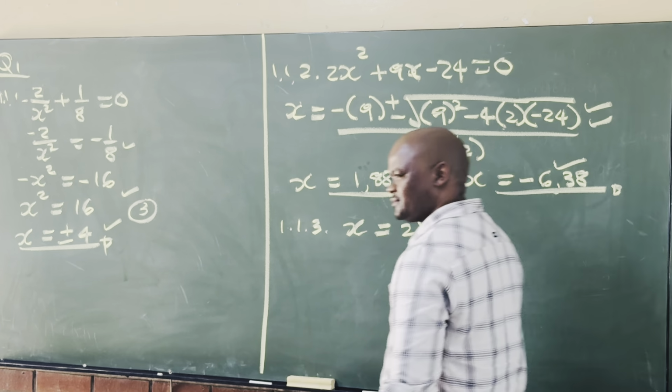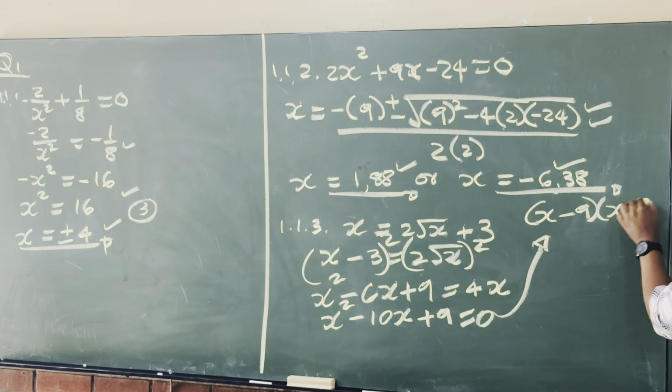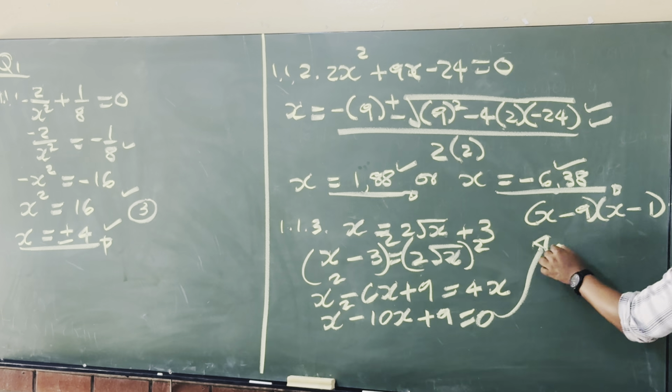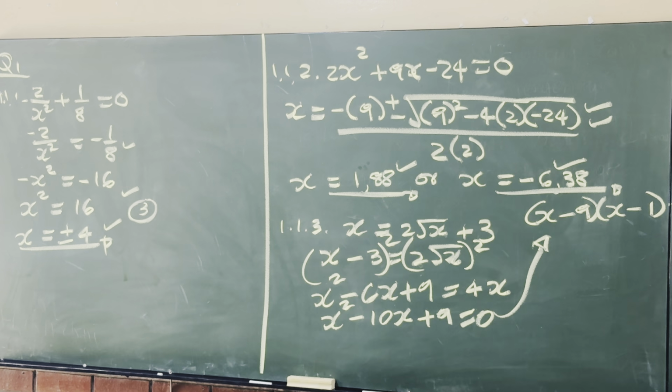And then we factorize. What are the factors? x minus 9 into x minus 1 equals to 0. Then x is equal to 9 or x is equal to 1.